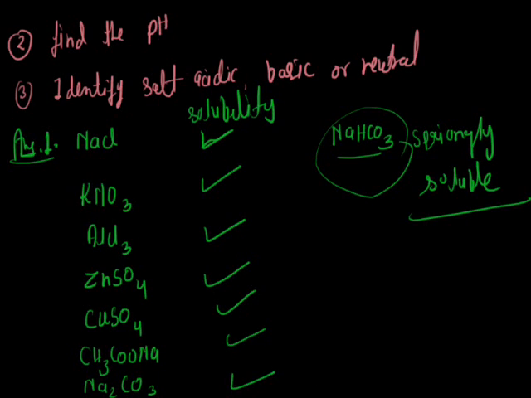Next is to check the pH of the salts by using pH paper. First the salt is sodium chloride, NaCl. When finding the pH of any salt, it is compulsory to make an aqueous solution of the salt, since finding pH is not possible in the solid state, only in the liquid state.